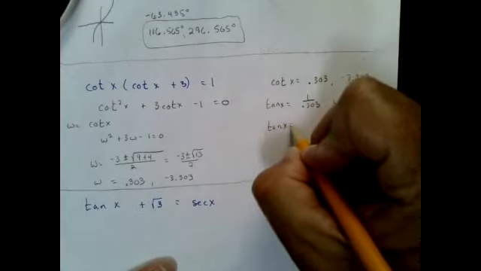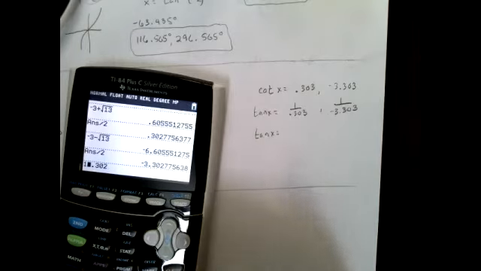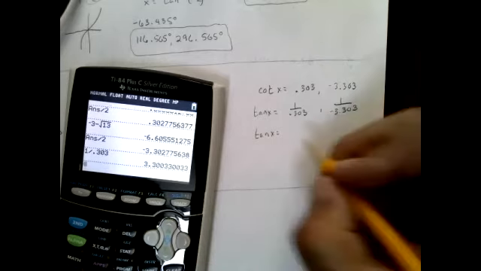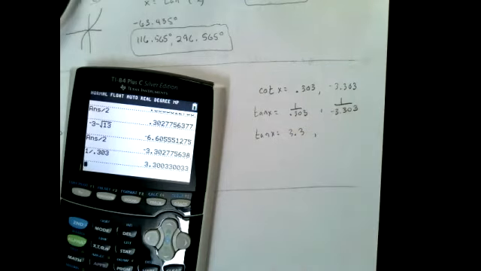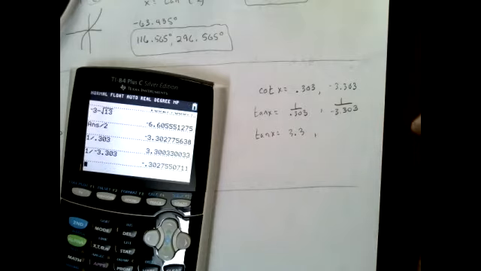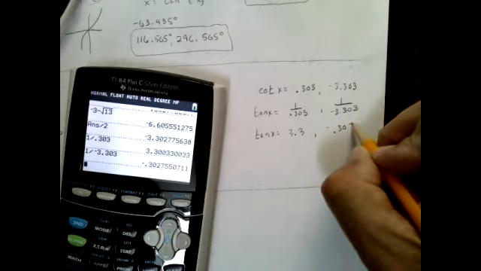Tangent of X equals, calculator, give me some help. 1 divided by 0.303 is 3.3. And 1 divided by negative 3.303 equals negative 0.303.